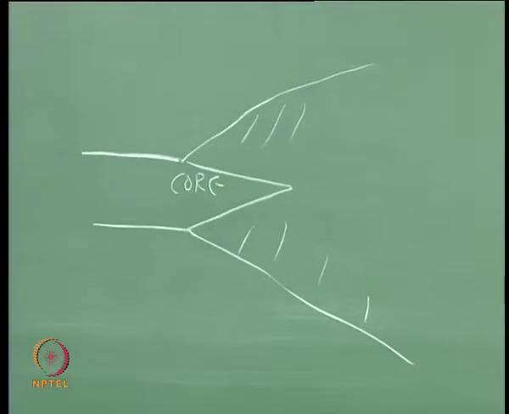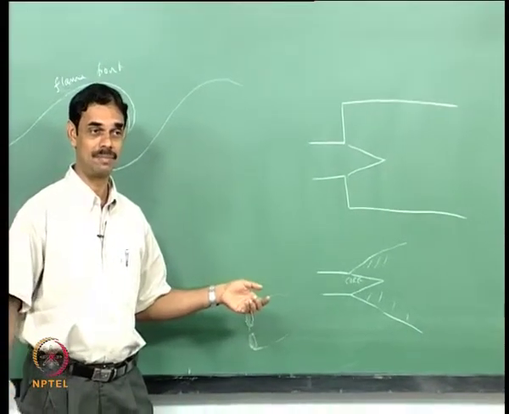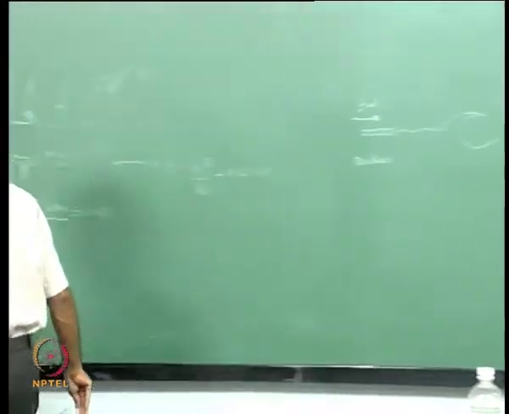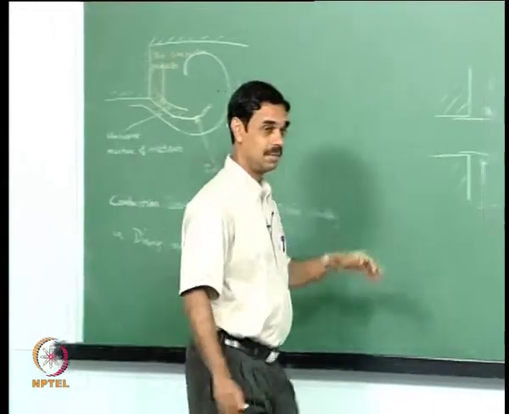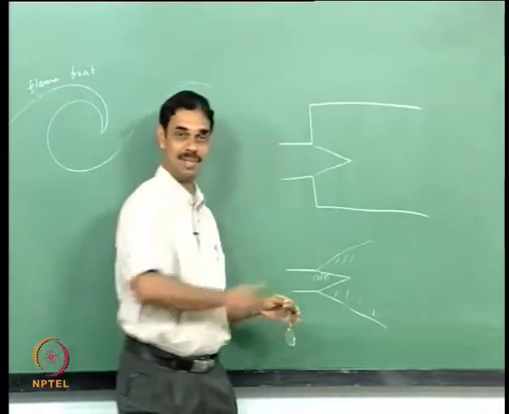In an average sense this may be true, but in reality it is very far from this. It is more like this, and this is how the flame happens, and it is never that you will have a nice flame standing like a V.